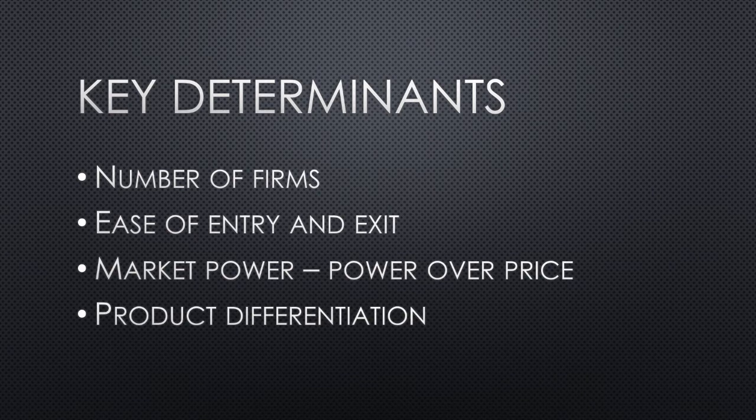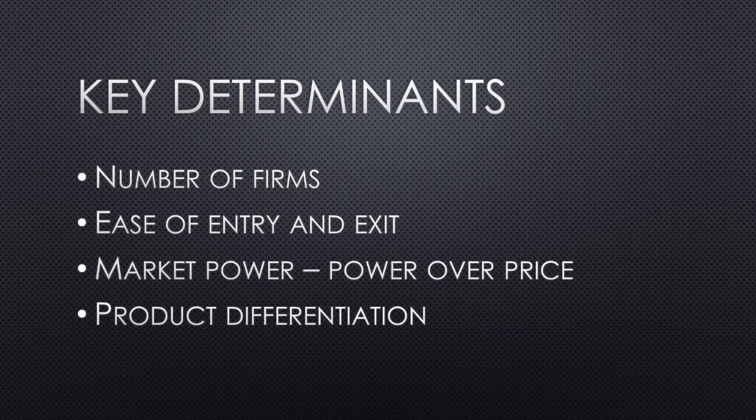And then finally, we have what's called product differentiation. What this refers to is how different really is the product that you're selling versus what your competition is selling. In competitive markets, one of the problems for the seller is that the products being sold are very, very, very similar to each other.